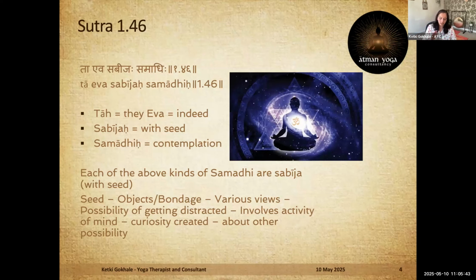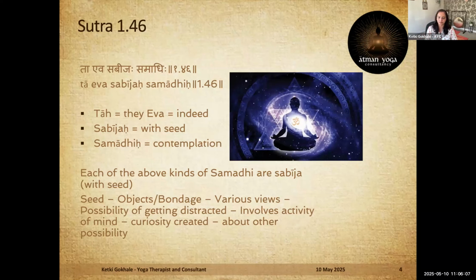So all savikalpa or savitarka, nirvitarka, savichara, nirvichara, all these samadhis are categorized under sabija samadhi. Each of the above kinds of samadhis are with seed, or sabija.